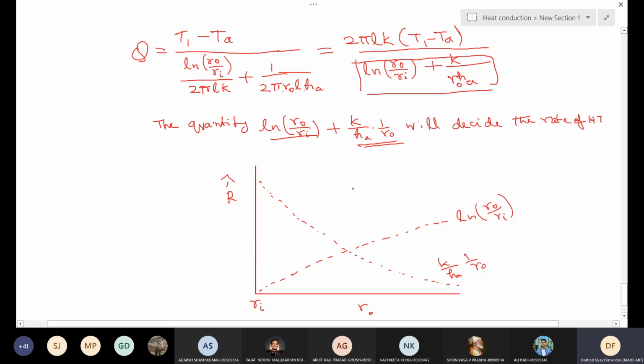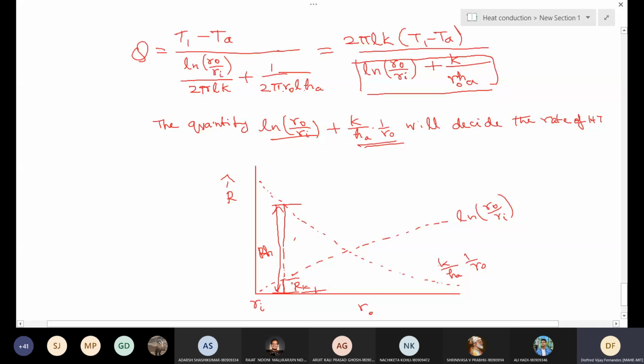Now you need the sum of these two. How do you sum these two? You have one value here, this is the RK value, and this is RH or K by HA into R0.